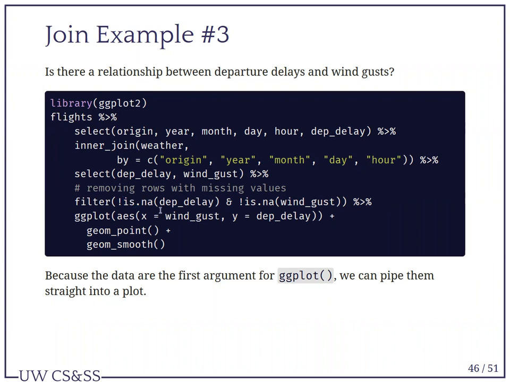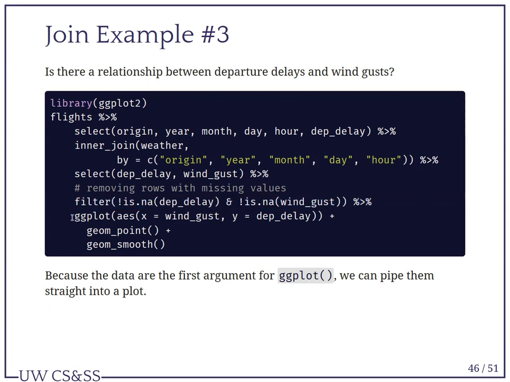One of the ways that people tend to drop rows that are NAs is to say not is.na of the column, and this will get rid of the NAs in this column. And then we also say and not is.na wind gusts. So this line will filter out all of your NAs.